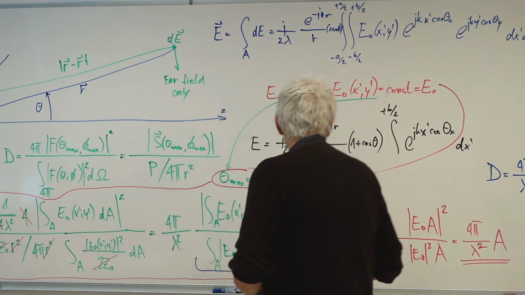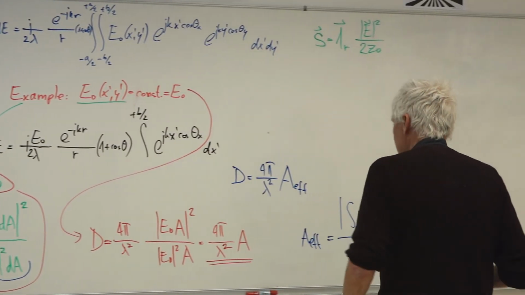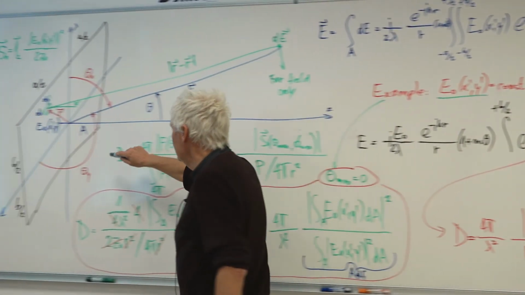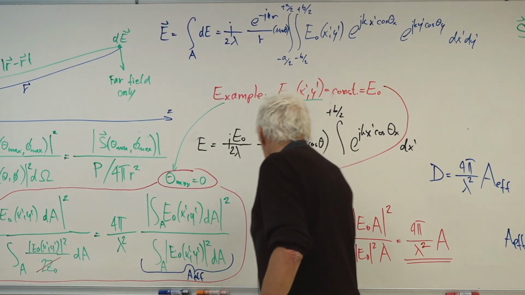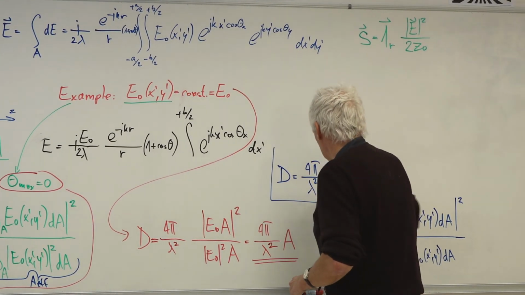Effective area. And this is now an important term we are going to discuss. A is the real size of our aperture. Effective area is the area that actually plays a role in this equation here.